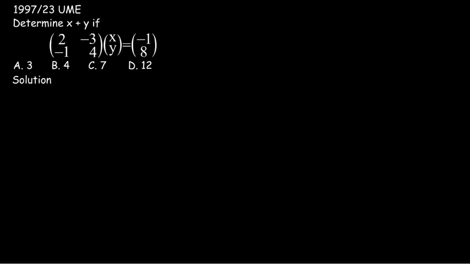We have another question from UME that states: determine x plus y if matrix [2 -3; -1 4] multiplying matrix xy is equal to matrix [-1 8]. This is simply the form in which we solve our simultaneous equation using matrix.